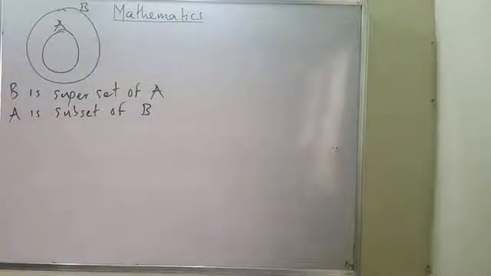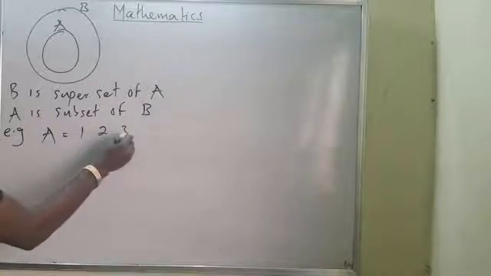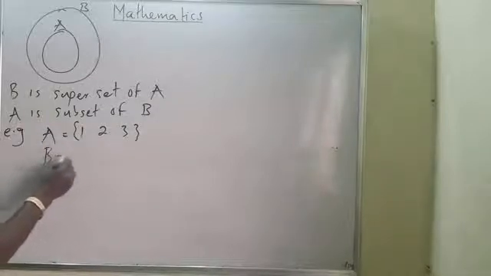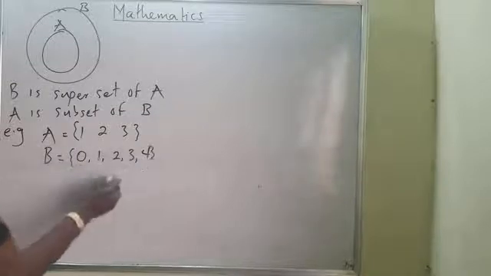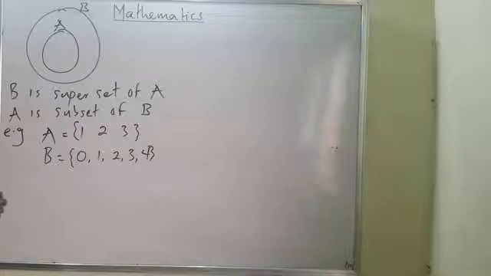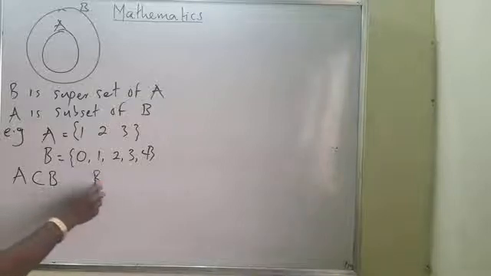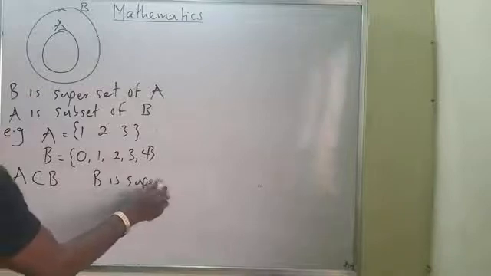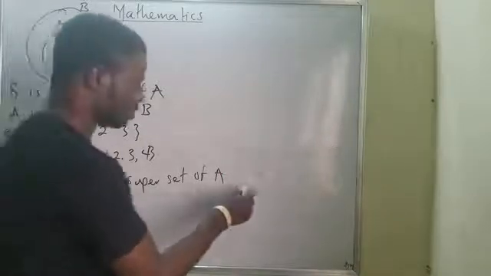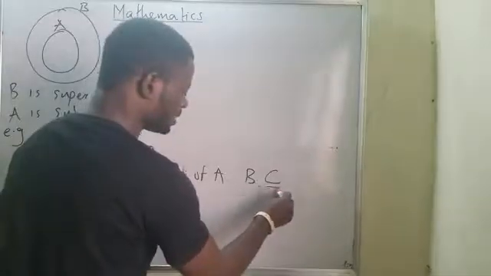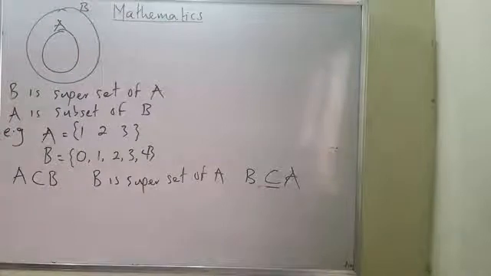For instance, if I have A equals 1, 2, 3 and B equals 0, 1, 2, 3, 4, then A is a subset of B, and B is a superset of A. If I write this in symbolic form, this is how to write B superset of A. Please take note of that on superset.